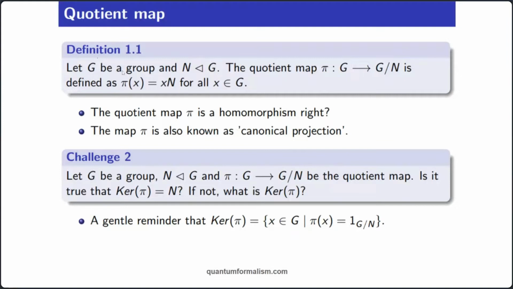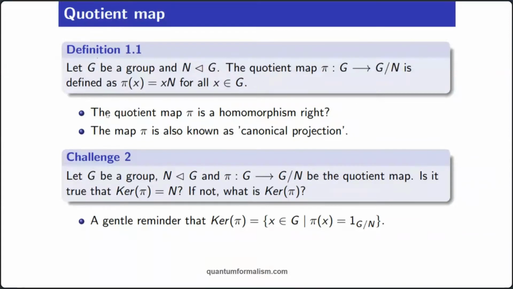So given a group G and a normal subgroup N of G, this map, we'll call it pi, goes from G to the quotient group of G by N and is defined like this. It essentially takes an element g of the group G and takes it to the coset gN, and it happens for all g, obviously.